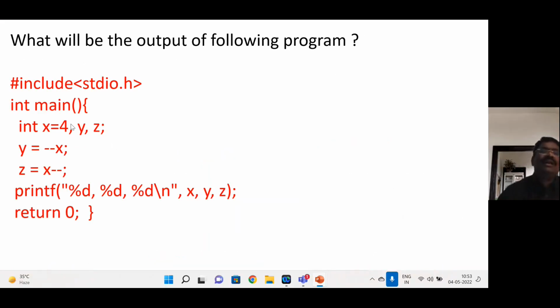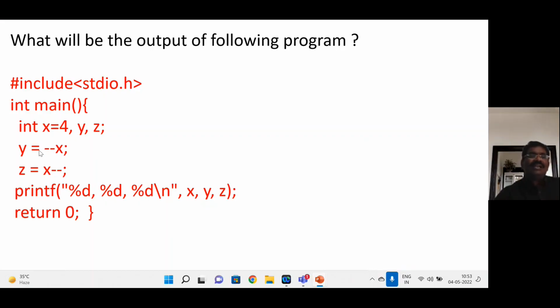So next, what will be the output of the following program? int main, x is equal to 4, y, z. Here y is equal to --x, and z is equal to x--. Then what is the output of x, y, z?